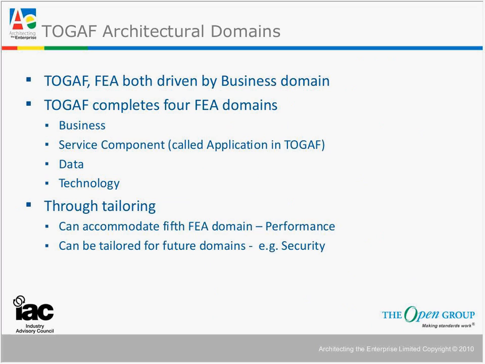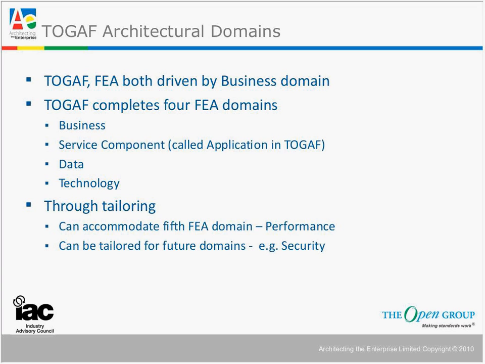So let's wrap up now. TOGAF architectural domains. TOGAF and FEA are both driven by the business domain. I think they're very critical. TOGAF completes 4 FEA domains, as you see on the screen.